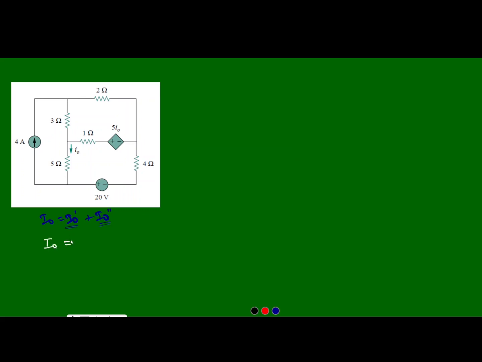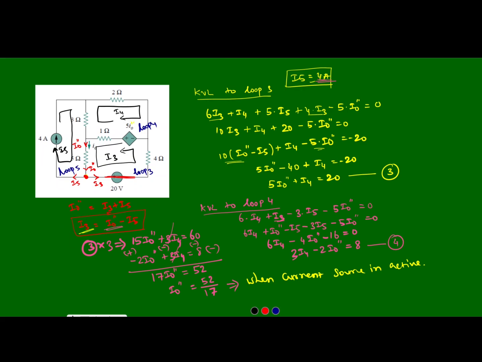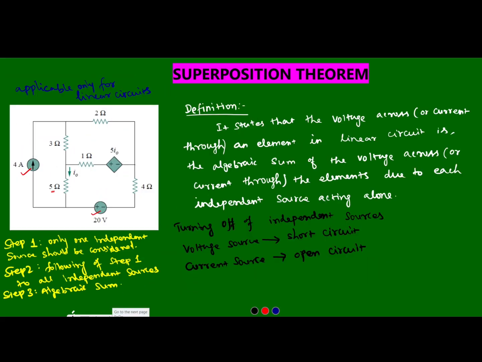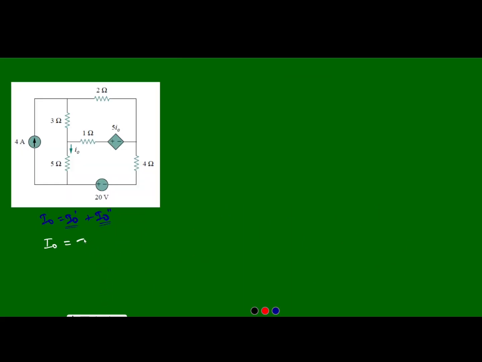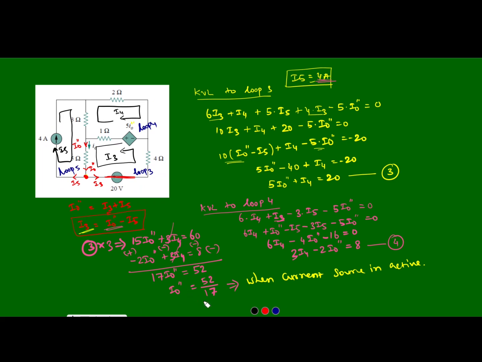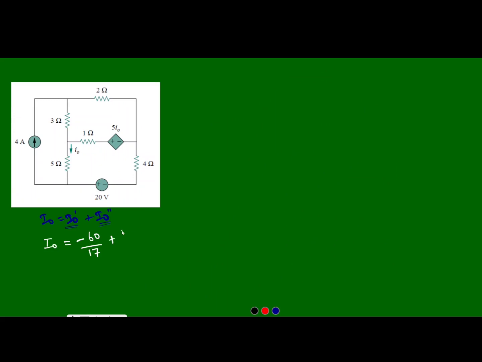The value of I0 dash is equal to minus 60 by 17. So we will write it here, minus 60 by 17. And I0 double dash value we have found, that is 52 by 17. So we will write it here, plus 52 by 17.